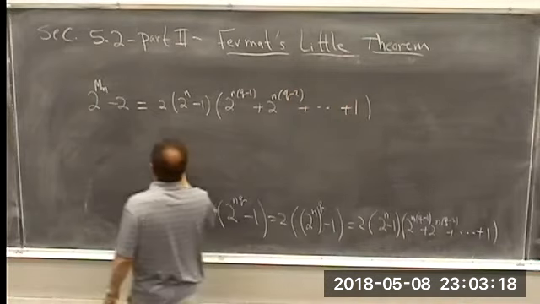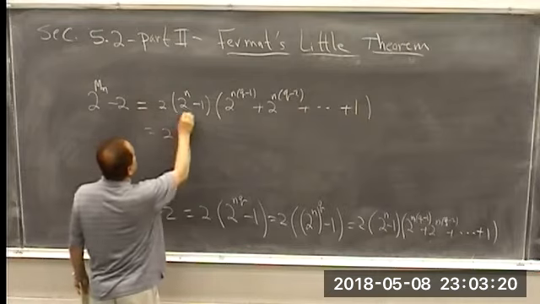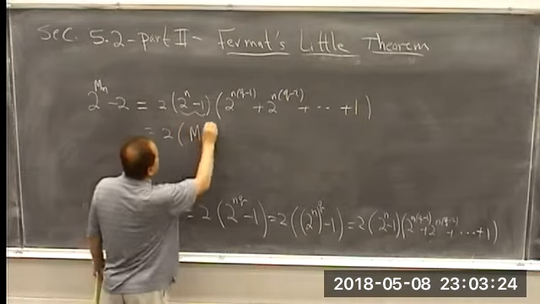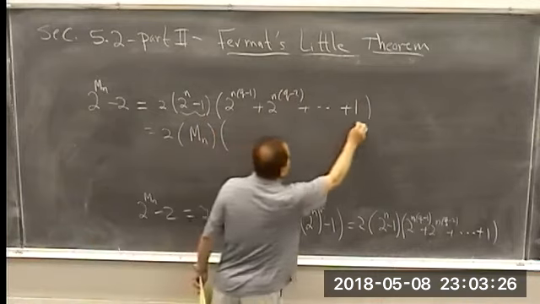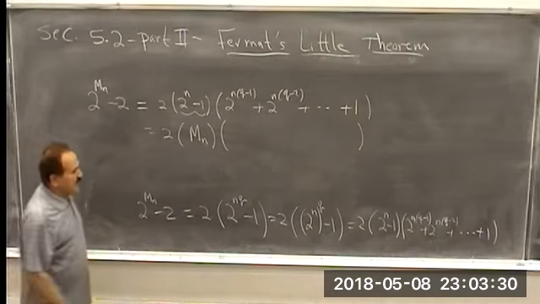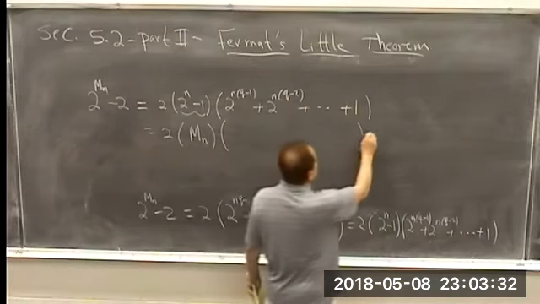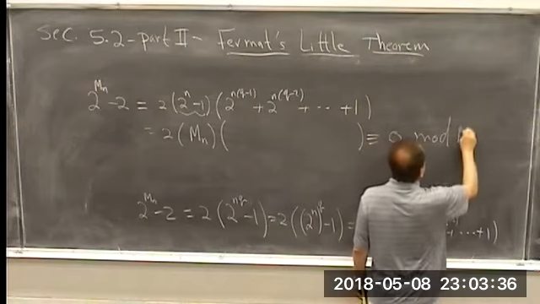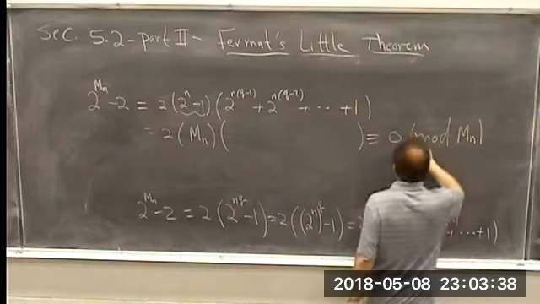All right, so this is equal to 2 times m sub n with all of this. But since it's a multiple of m sub n, this means this is congruent to 0 mod m sub n. And this is it.